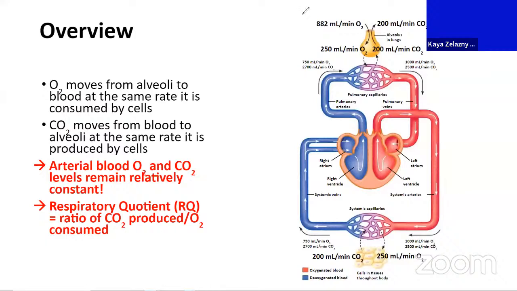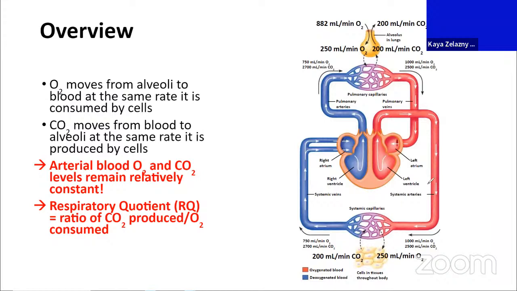Okay. So we can actually look at something called the oxygen cascade throughout the body. This is a big picture thing that we'll build towards. What starts out happening in the lungs is that our lungs are absorbing oxygen at about the same rate that our cells are using it.